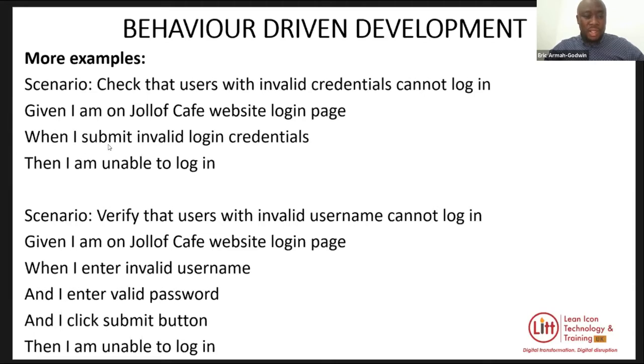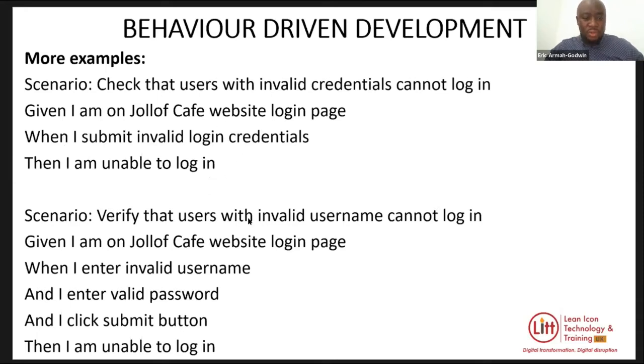We can split this one, when I submit invalid login credentials, into two different steps and say when I submit username, and then another one will say when I submit password and I click on the submit button, then I'm unable to log in. So this makes it clear for anybody to understand.